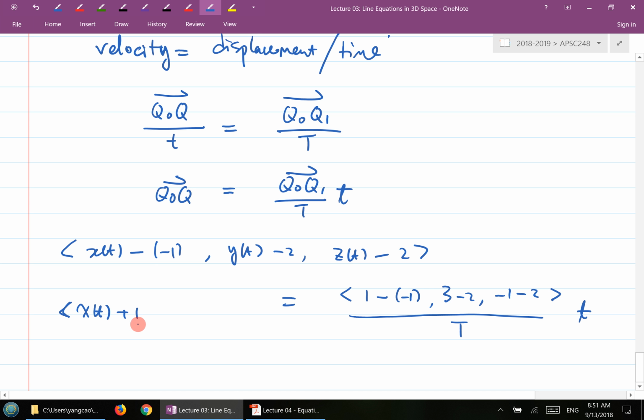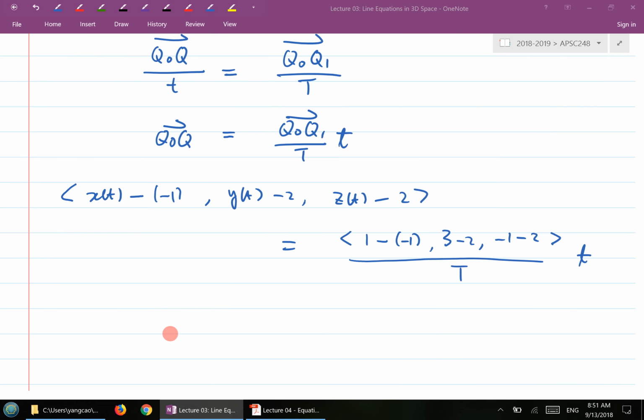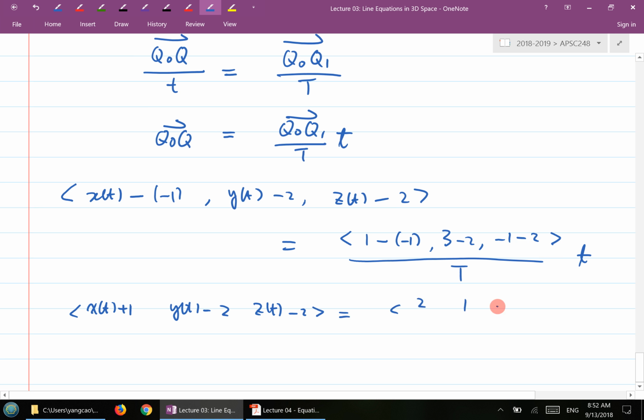That's something you have to be very careful about. The top one here is 2, 1, negative 3.